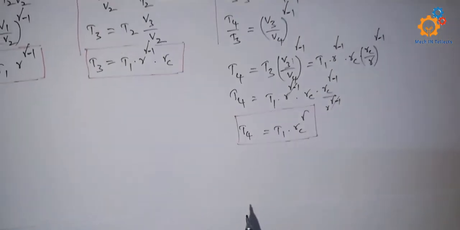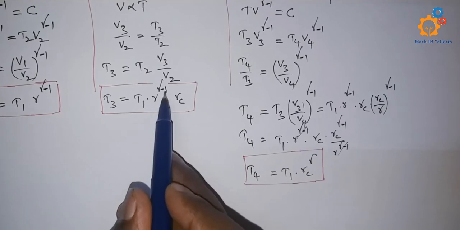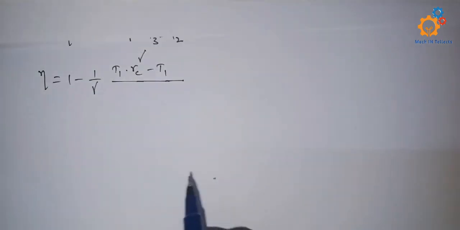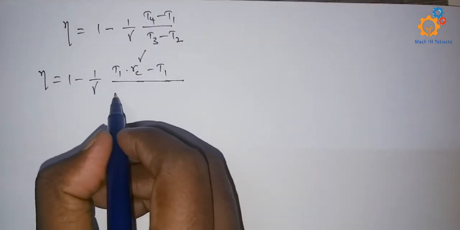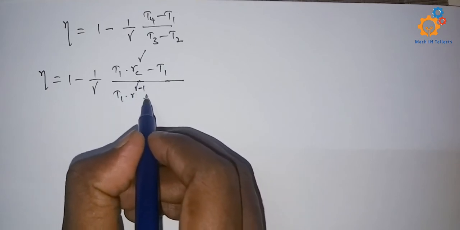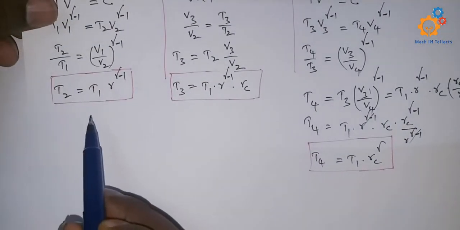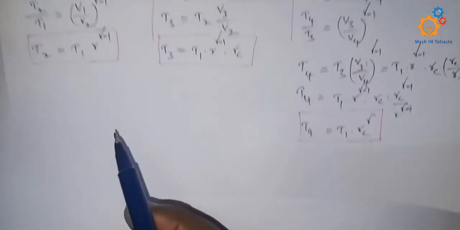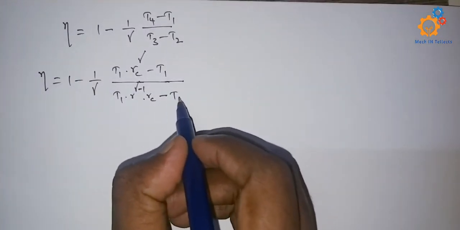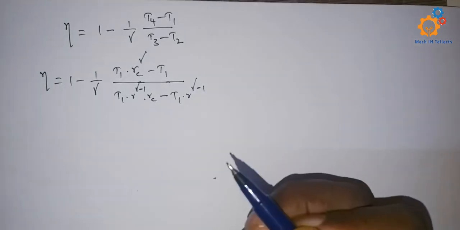What is T3? T3 is T1 into R power gamma minus 1 into RC, minus T2. What is T2? T1 into R power gamma minus 1.